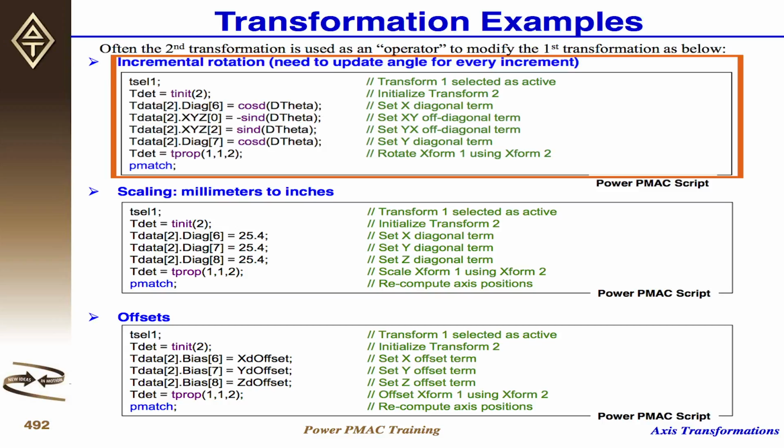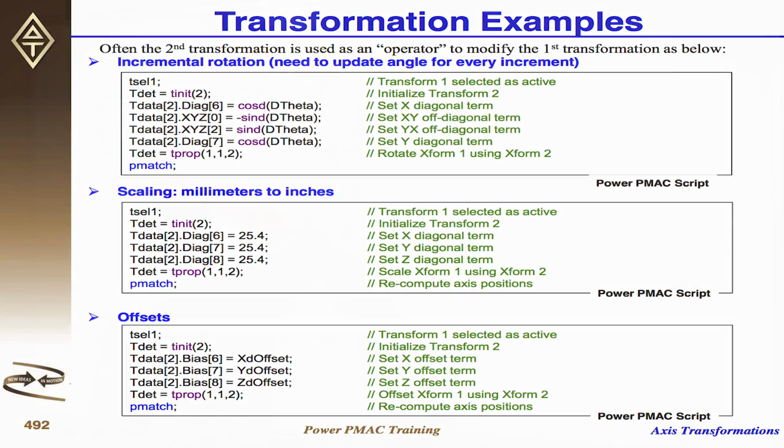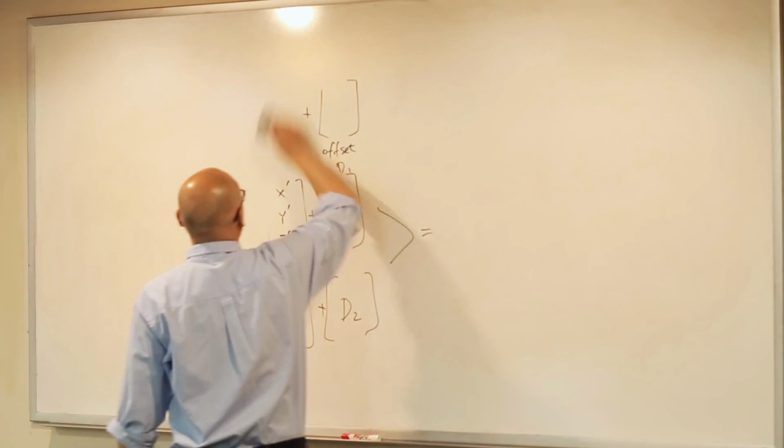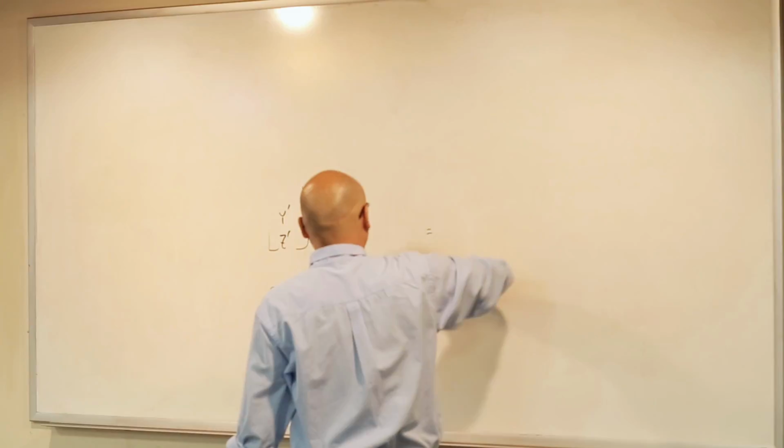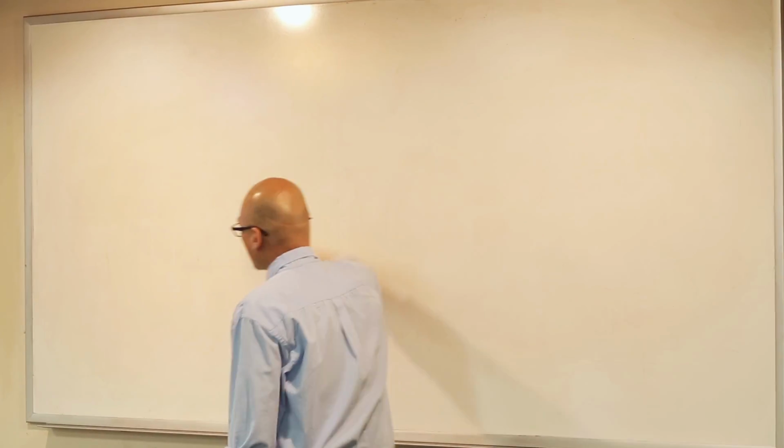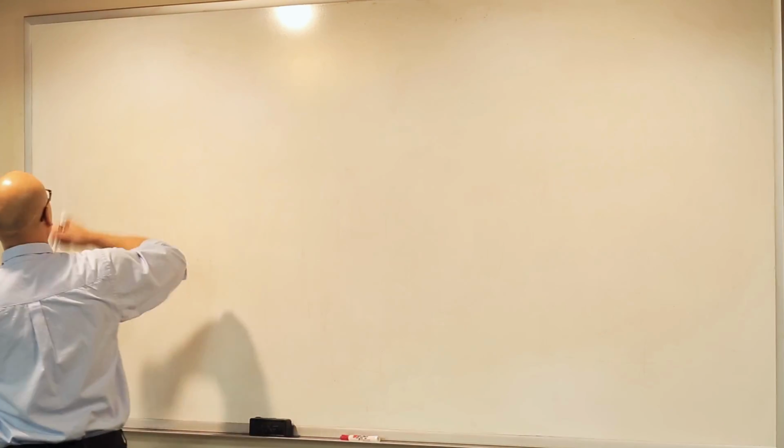Do you understand how this rotation matrix works? This is sine, cosine terms. Cosine terms are always at the diagonal. Sine terms are off diagonal, and depending on the direction, clockwise or counterclockwise, you put a negative sign for that.